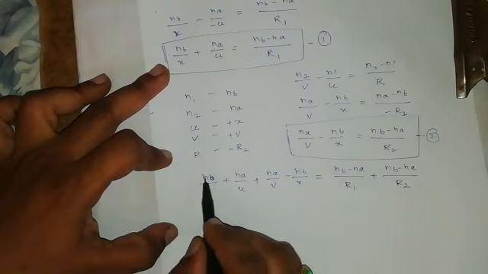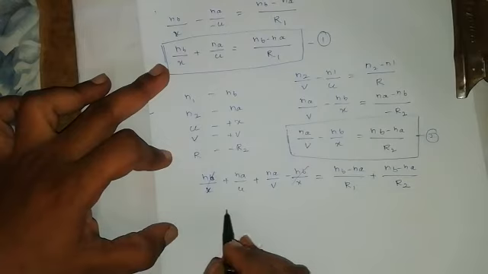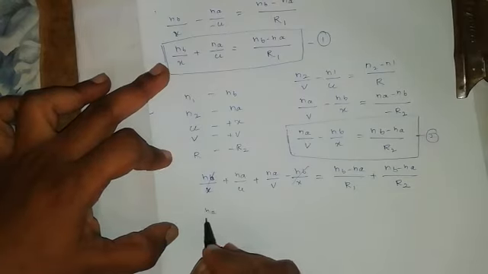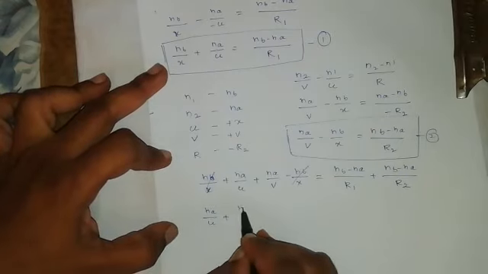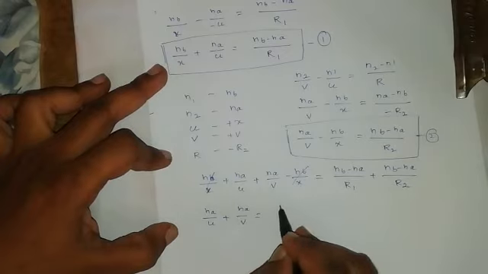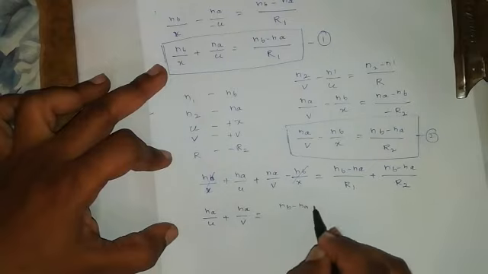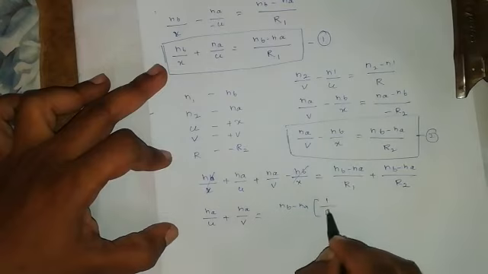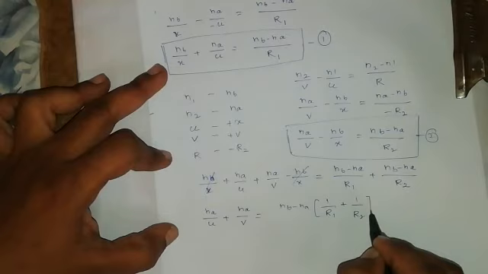Now we can see nb by x and nb by x get cancelled, and we are left with na by u plus na by v is equal to nb minus na, taken common, times 1 by r1 plus 1 by r2.